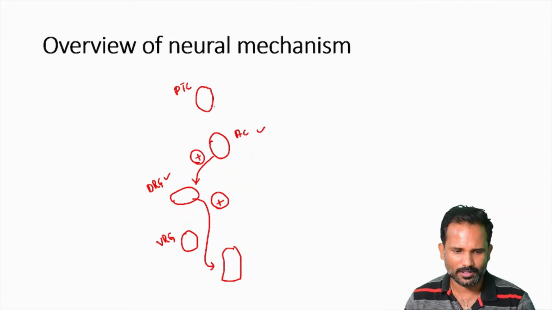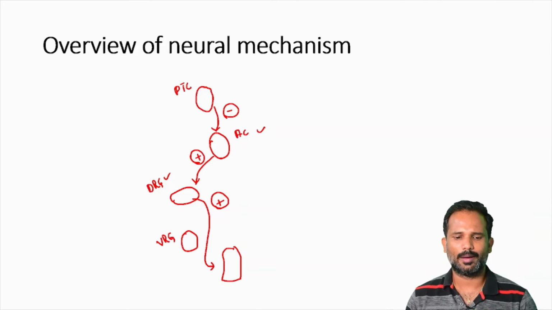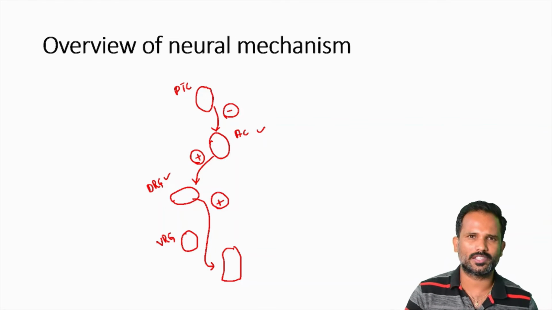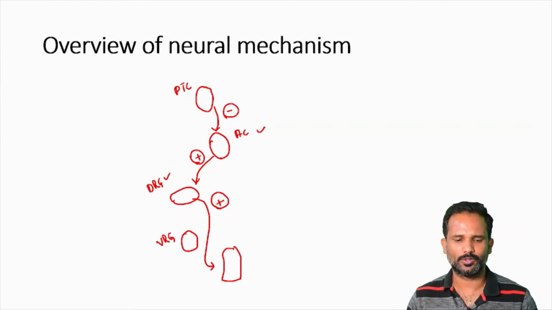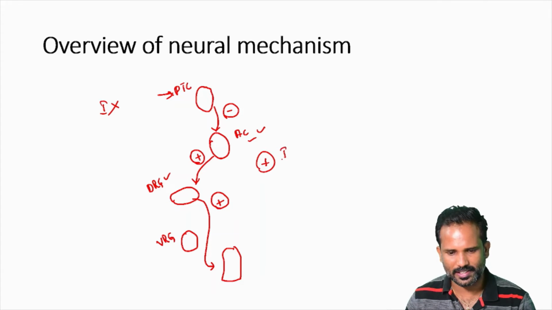Now, the pneumotaxic center is inhibitory over the apneustic center. That means the apneustic center no more can stimulate the dorsal respiratory group. So if the pneumotaxic center is activated, inspiration is cut. If the apneustic center is activated, inspiration is favored.